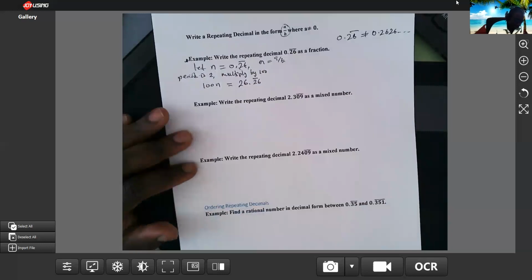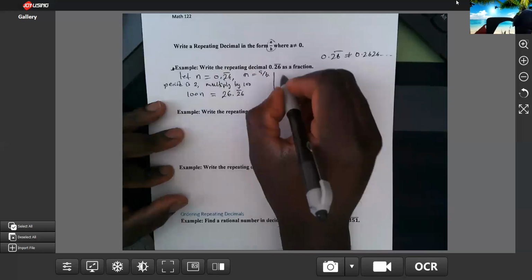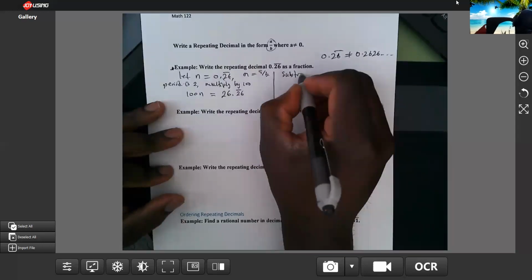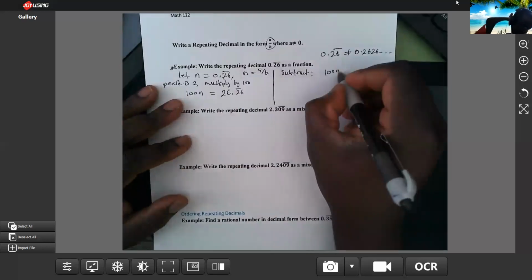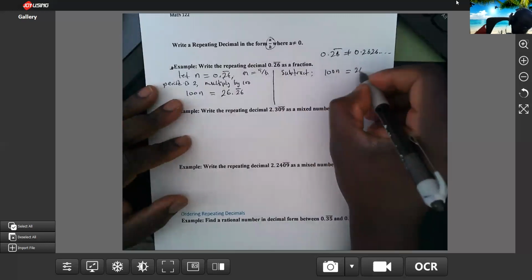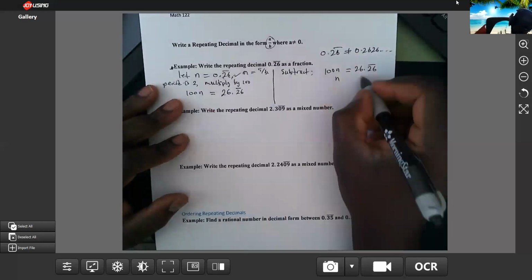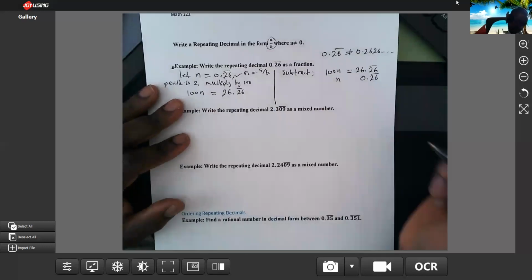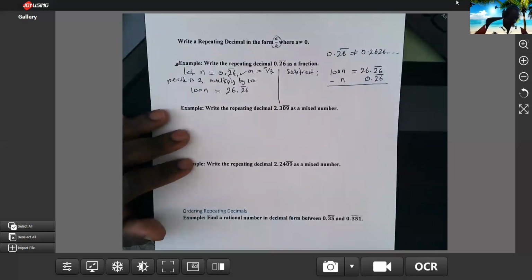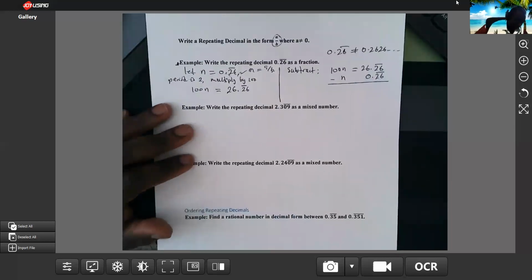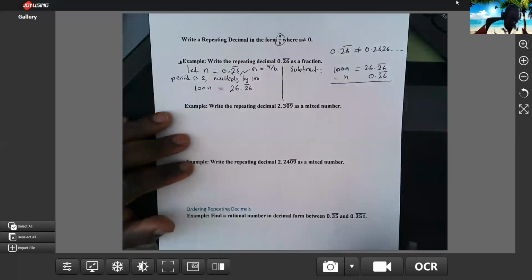And then you subtract. You have 100n equal to 26.262626, and I have n, the original number, which is 0.262626. Then we subtract. The reason is that we want to get rid of the repeating part, because it is difficult to subtract when you still have those there.